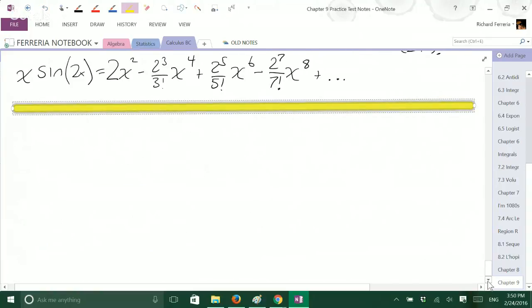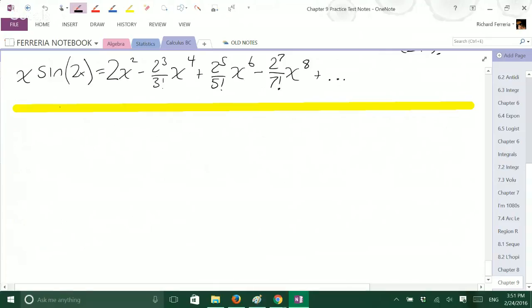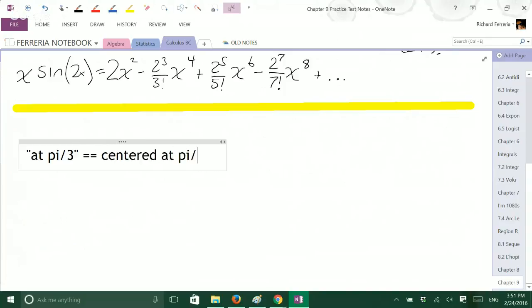Okay, so if that's it for 6, let's take a look at 7. We need a third-order polynomial for cosine centered at pi over 3. Now, when it says at pi over 3, what that really means is centered at pi over 3.